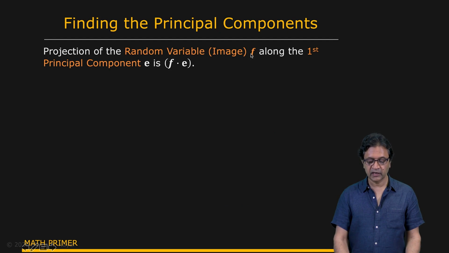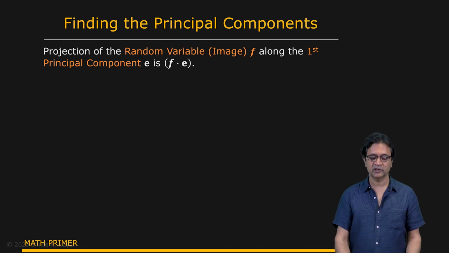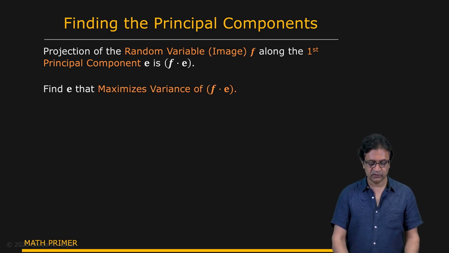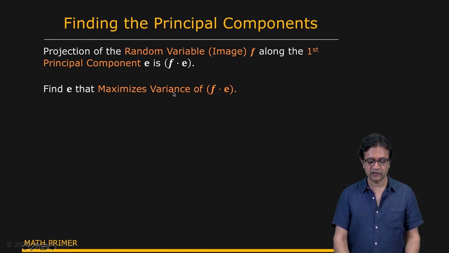What we are saying is, if you take f and you find the dot product of f with the principal component, a vector e, then we want to find the e for which the variance of this dot product is maximum. So we want to find an e that maximizes the variance of f dot e.